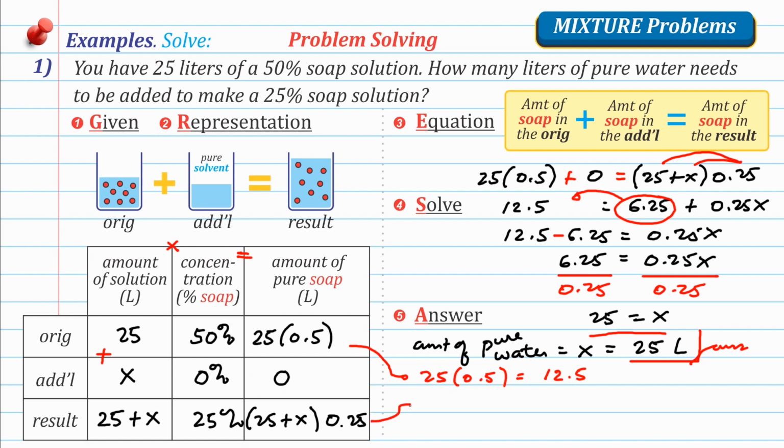And then, solving, we have 25 plus x, of course, here is 25 times 0.25. So 25 plus 25 is 50 times 0.25. It's 12.5 liters. So 12.5 liters of pure soap in the original. Dinagdagan mo ng water, walang naidagdag, resulting to the same amount, 12.5 liters of soap. Our answer must be correct because these are the same.